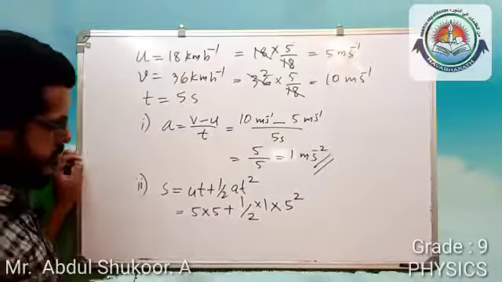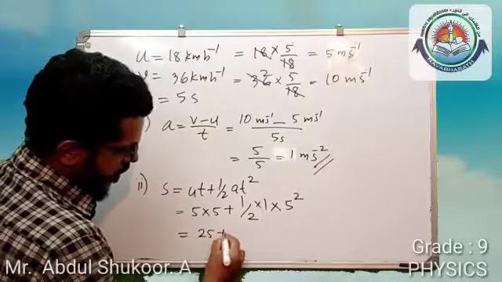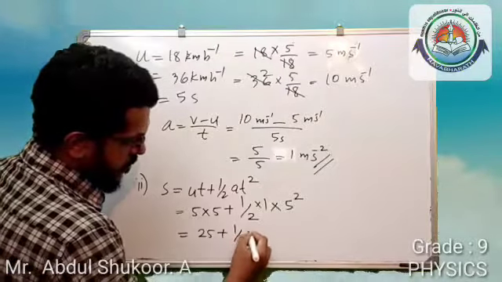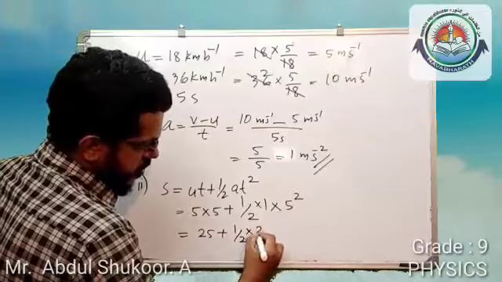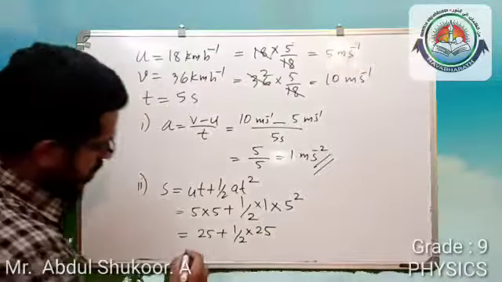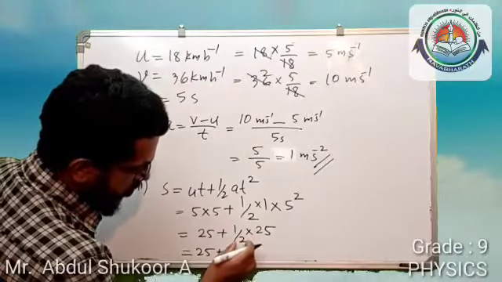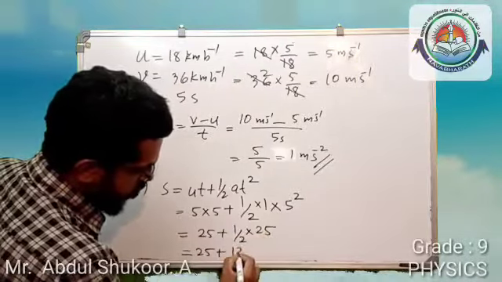Then 5 into 5 is 25, plus half of 5 square, that is 25. What is half of 25? That is 12.5.